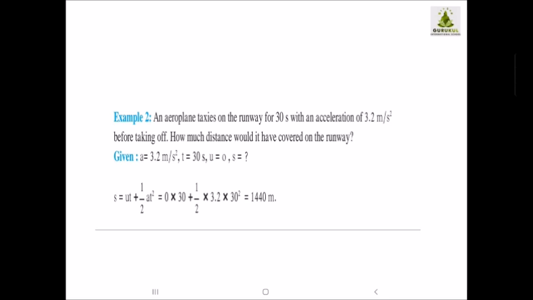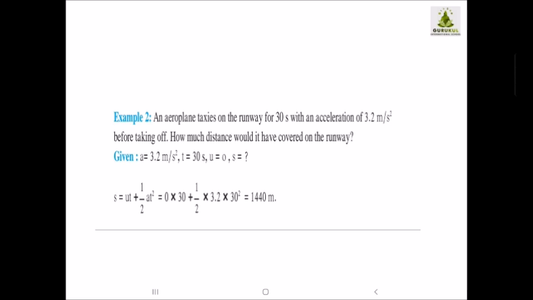Now using the formula, s is equal to ut plus 1/2 at square. u means 0, and 0 multiplied by anything will be 0 itself. So 0 multiplied by 30 plus 1/2 multiplied by 3.2, that is the value of acceleration, multiplied by time square, that is 30 square.